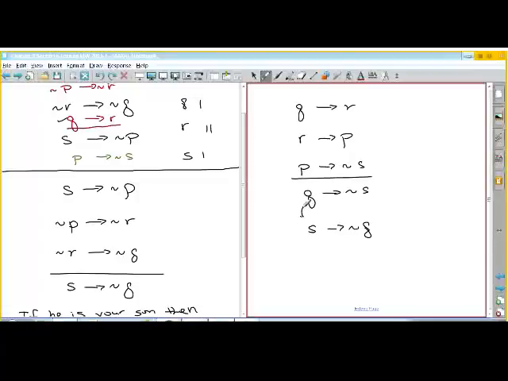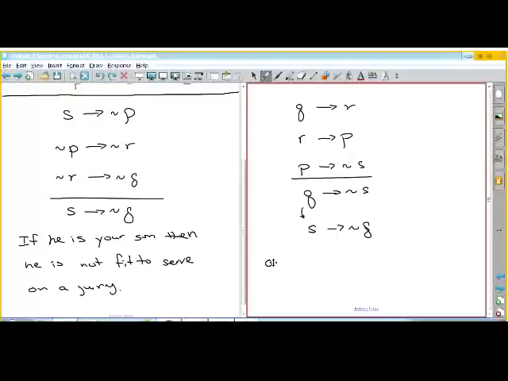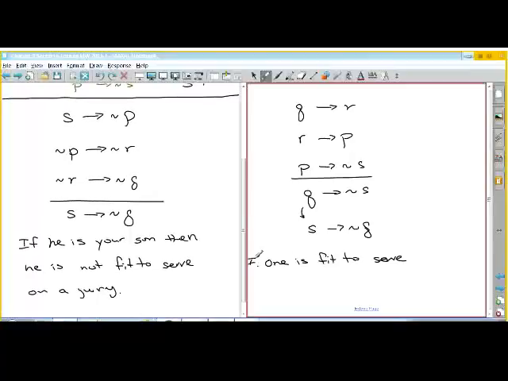So what is the contrapositive? These are equivalent to each other. But let's write the statement that associates with that. You would say: if one is fit to serve on a jury, then he is not your son.